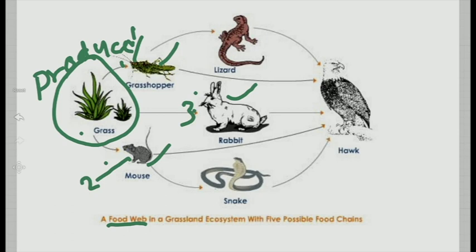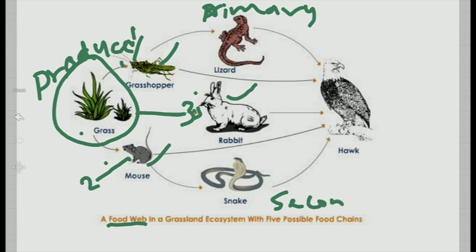Here, the arrows are more clear because they are showing the energy flow from the producer to the primary consumer, then to the secondary consumer. And then we have the scavenger here.